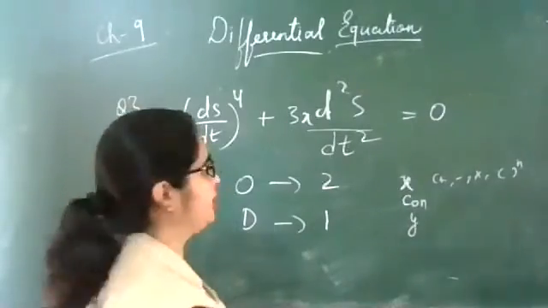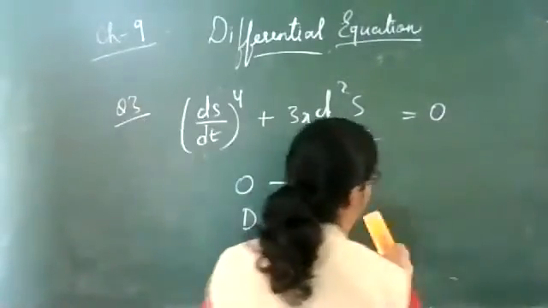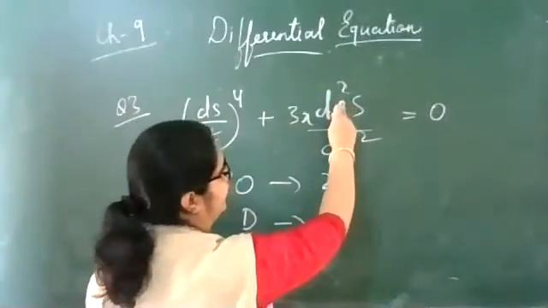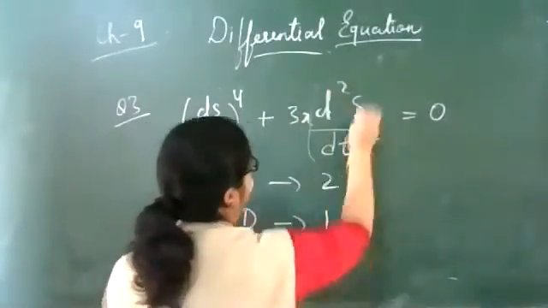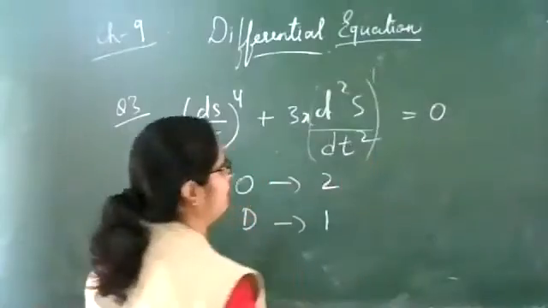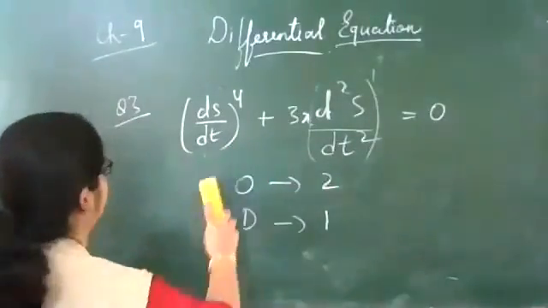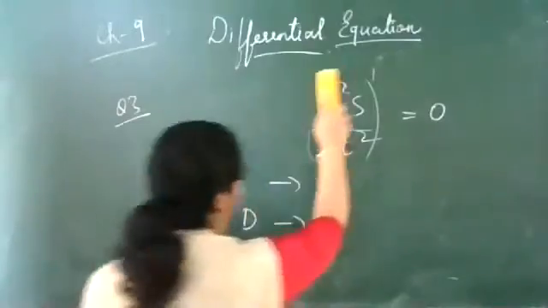Log or exponential also. So the order is the highest order derivative, 2. And the degree of the highest order derivative is nothing, so it is 1. Clear? Then question number 4.